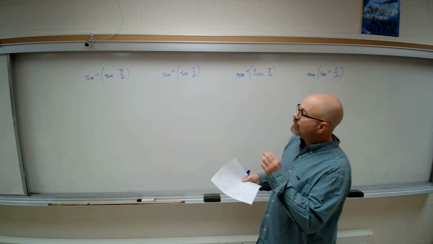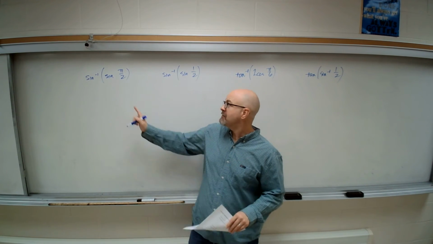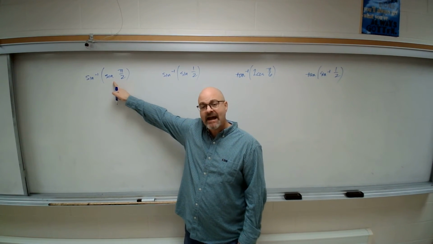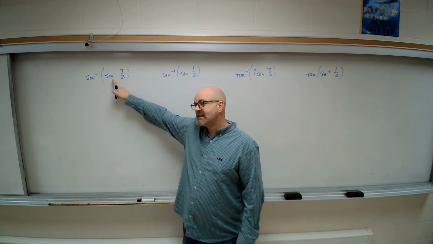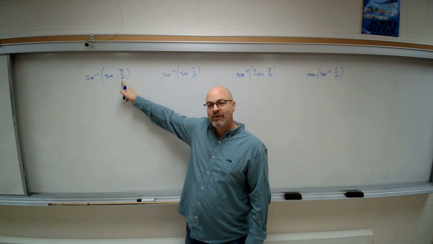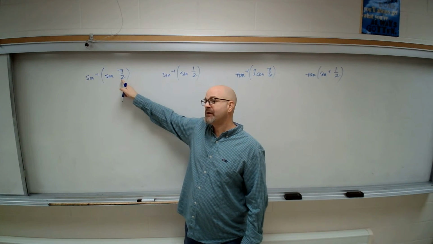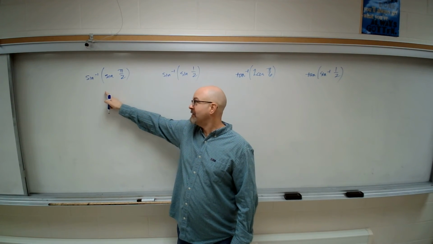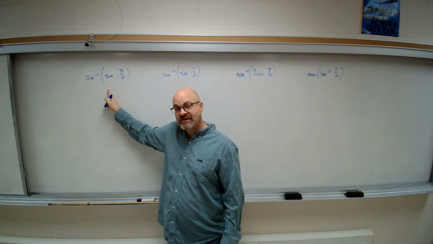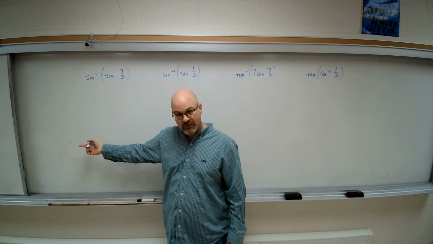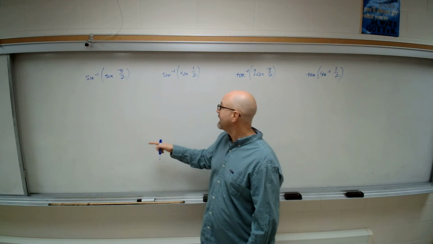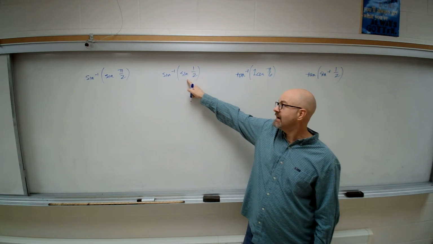But notice here, if you have a sine function, we're going to work from the inside out. If that's the sine, its input will be an angle, correct? So it's saying if you take the sine of this angle, you'll get some ratio. And then we take the inverse sine of that ratio to get an angle. Right? But here you have a sine function inside.